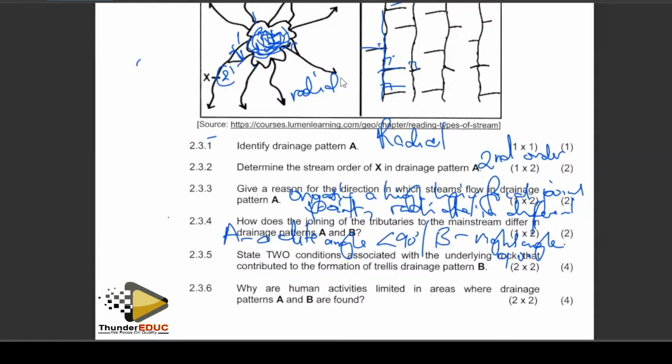That's the difference there. State 2 conditions that are associated with the underlying rocks that contributed to the formation of trellis in pattern B. Where does trellis pattern form? Right, a trellis pattern basically forms in areas of rocks of alternating resistance.